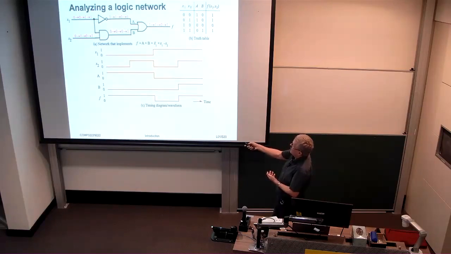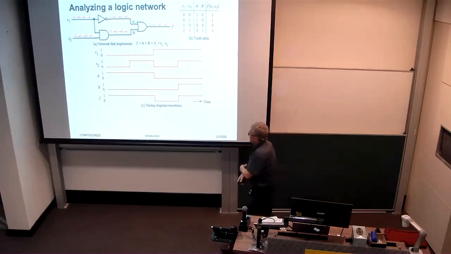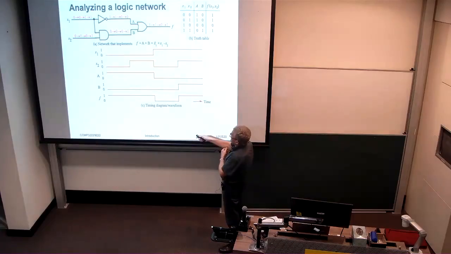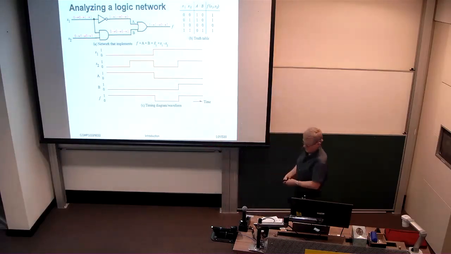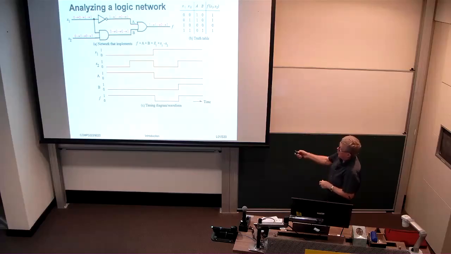So we see x2 varies 4 times whilst x1's only varied twice, or once versus twice here. And we can derive what A and B is. Normally this would be done by probes that are monitoring what the signal values are on the various wires A, B and F here.